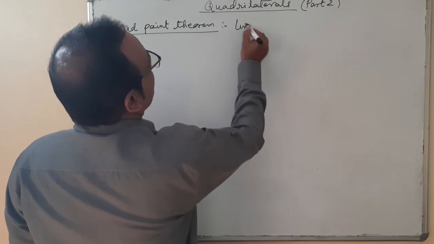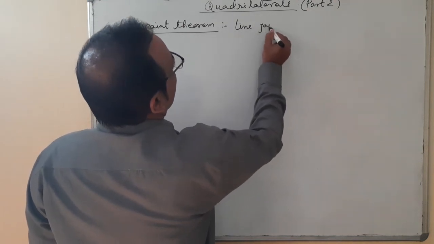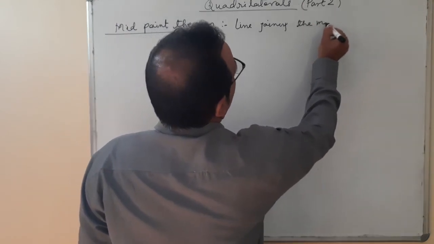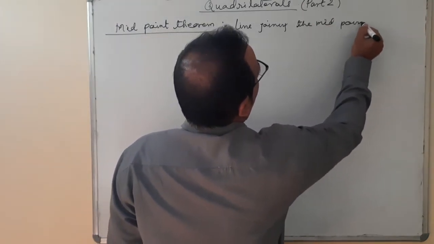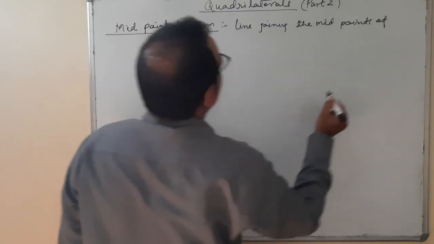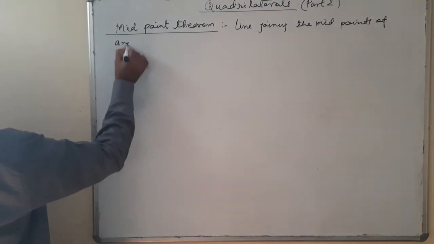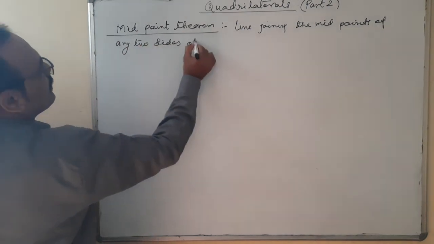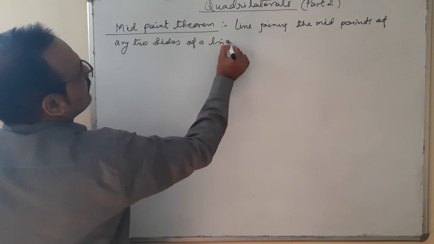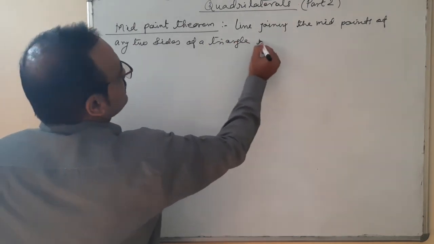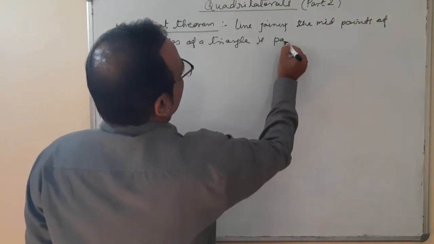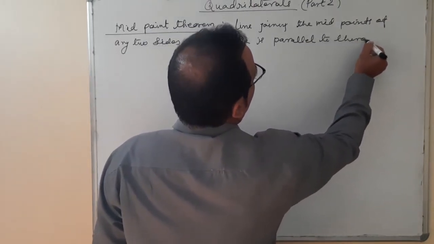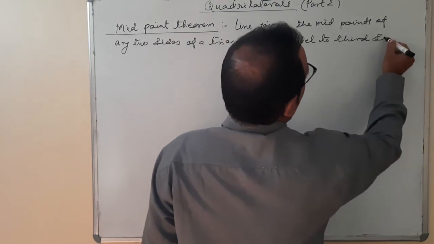Line joining the midpoints of any two sides of a triangle is parallel to the third side.